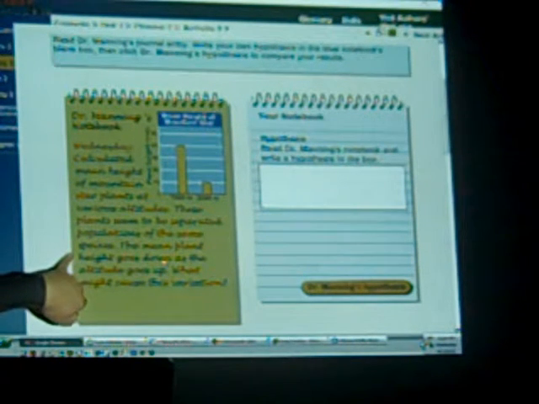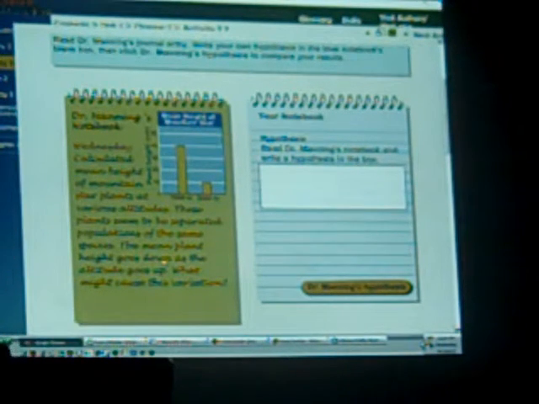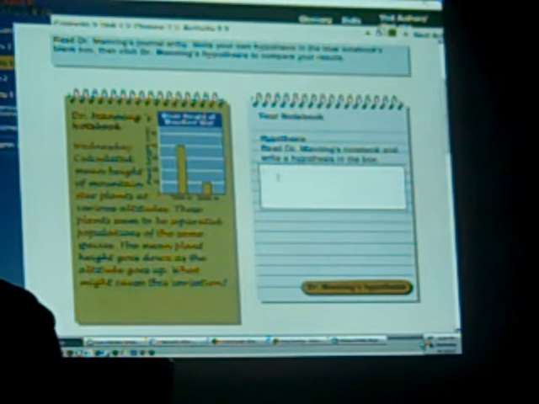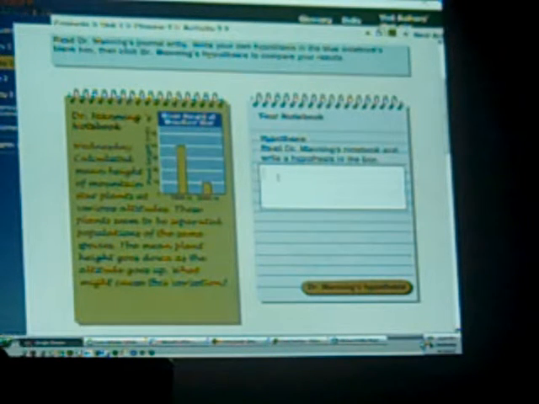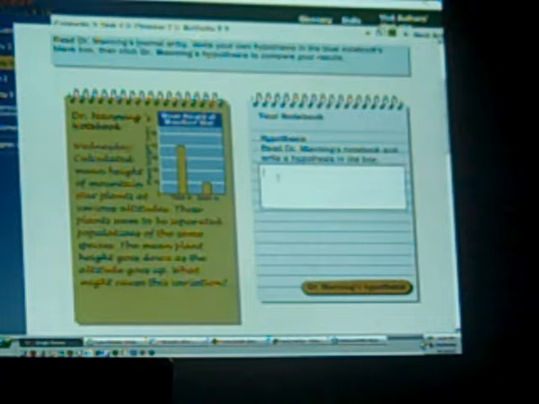The mean plant height goes down as the altitude goes up. What might cause this variation? Nice notebook. Water, good thought. So let's have a hypothesis. You think it's water? Okay, water, wind, altitude, temperature, and soil.